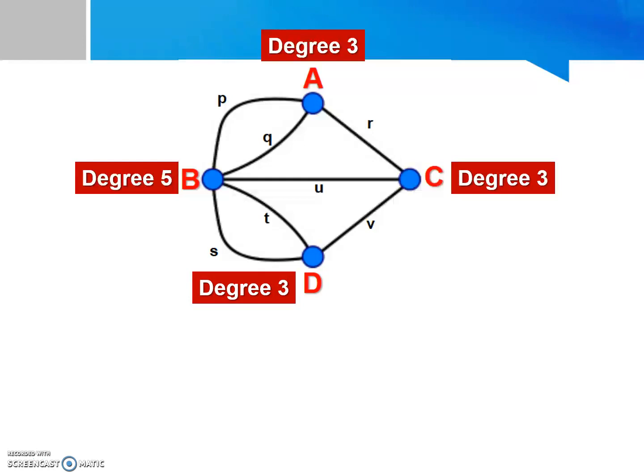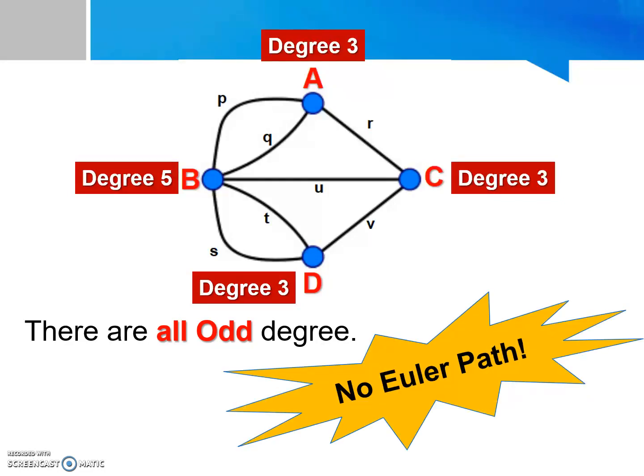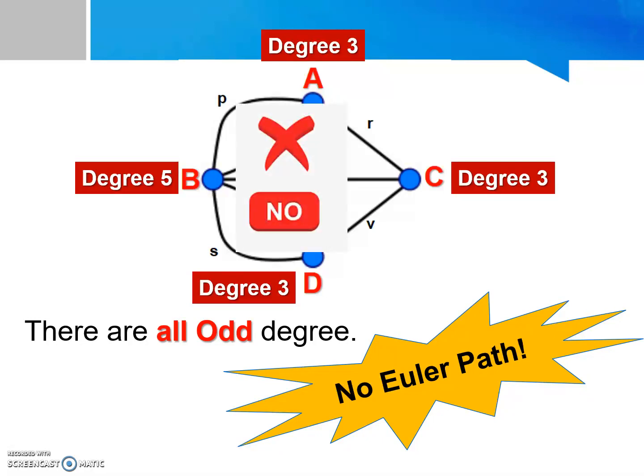Hence, we can conclude that there are 4 odd degrees in the network, or we can say that all are odd degrees. So, it is actually not an Euler path. Indeed, we cannot draw the lines passing all the edges once without lifting your pencil from the paper. So, actually there is no solution in these conditions.